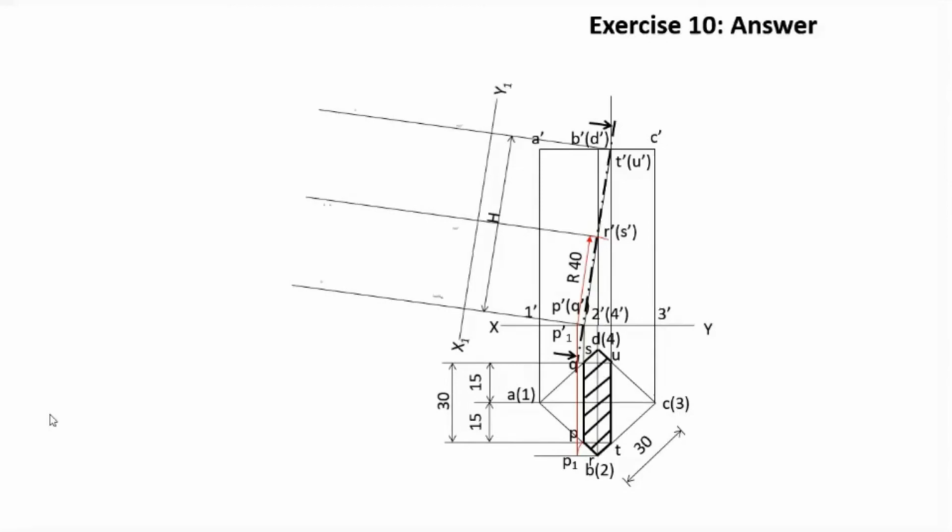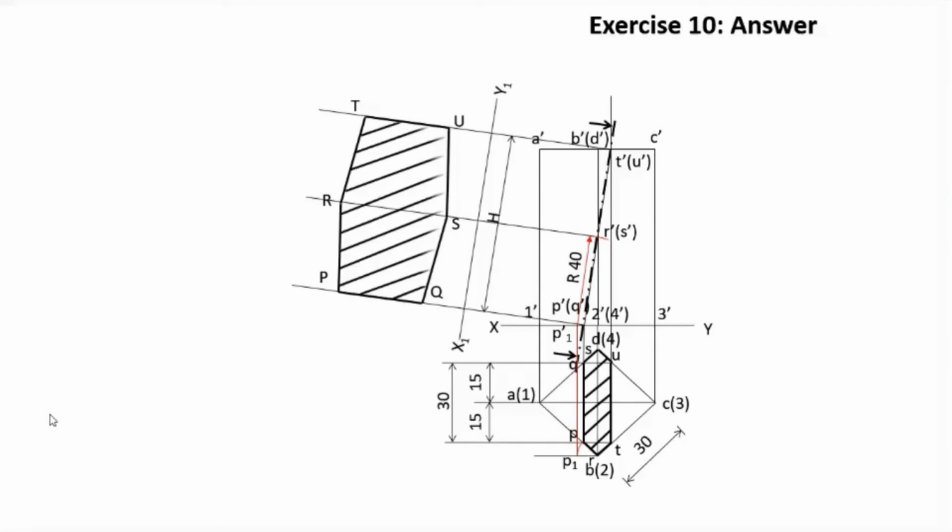Then, as usual, our true shape is also cut. The angle of inclination is the inclination of this section plane with the horizontal, this angle. The angle of inclination of the section plane with the horizontal is theta.